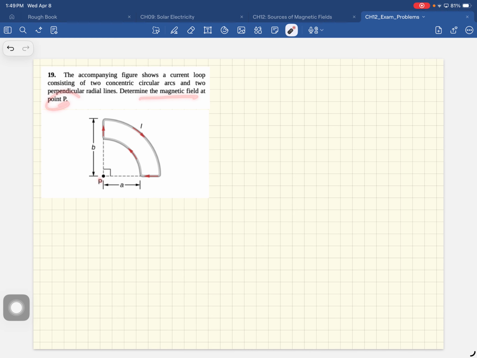So the net field is... the field is coming out of the sheet because this wire is closer.